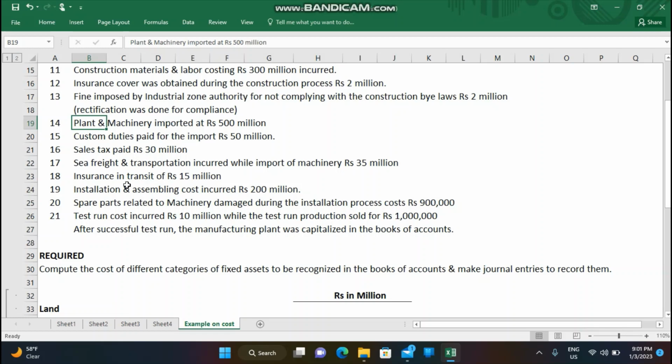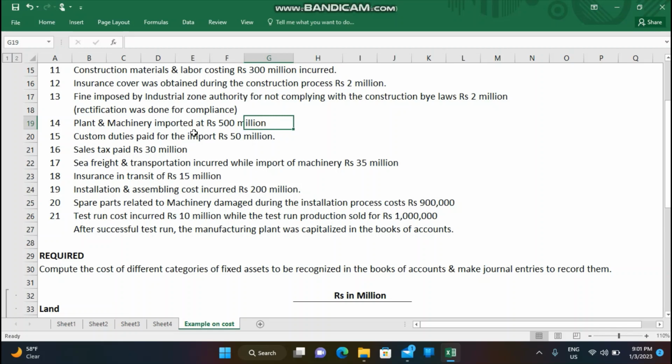So the next is plant and machinery imported at rupees 500 million. For the machinery they imported, they incurred rupees 500 million. This is the purchase price of the plant and machinery that will be included as a primary item in the cost of the plant and machinery.